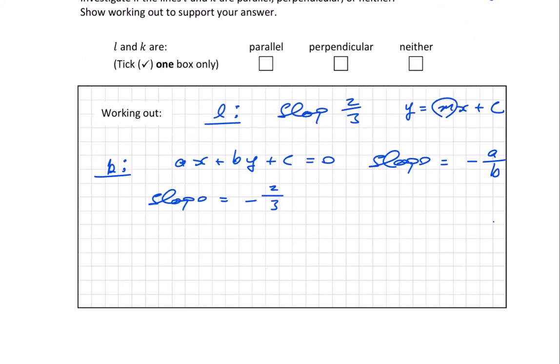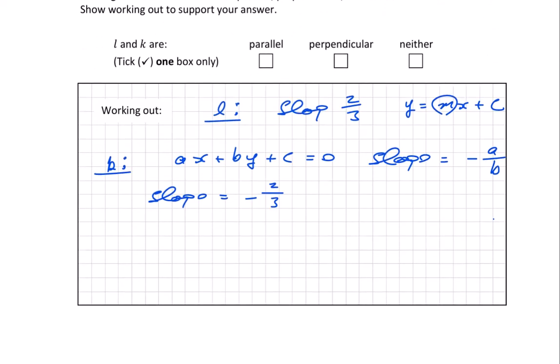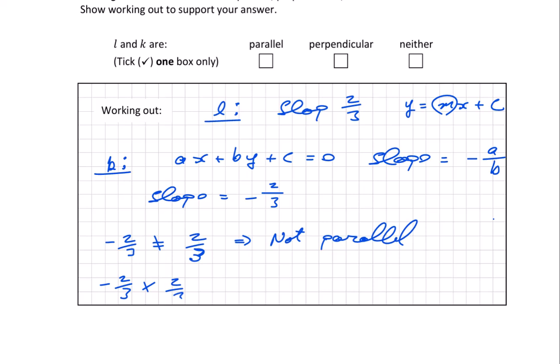So they can't be parallel because minus 2/3 is not equal to 2/3. That means they're not parallel. Minus 2/3 multiplied by 2/3 will give us, well, minus times plus is minus, top times top is 4, bottom times bottom is 9.